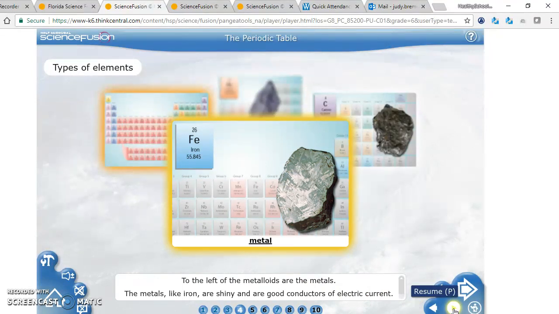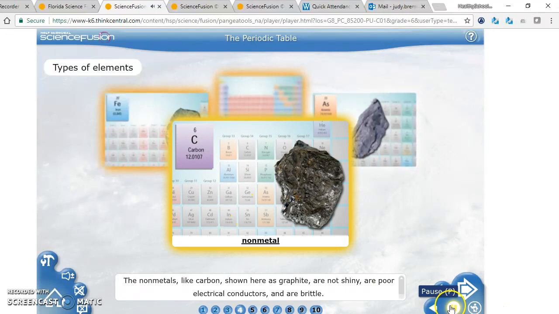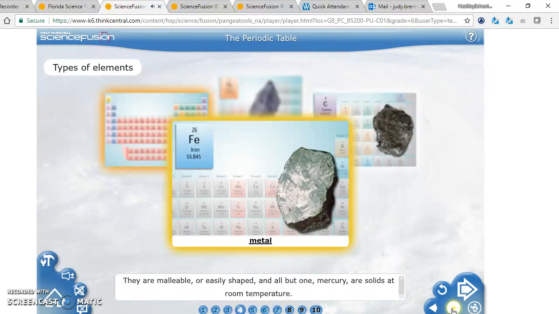The metals, like iron, are shiny and are good conductors of electric current. Metals are malleable, or easily shaped, and all but one, mercury, are solids at room temperature.